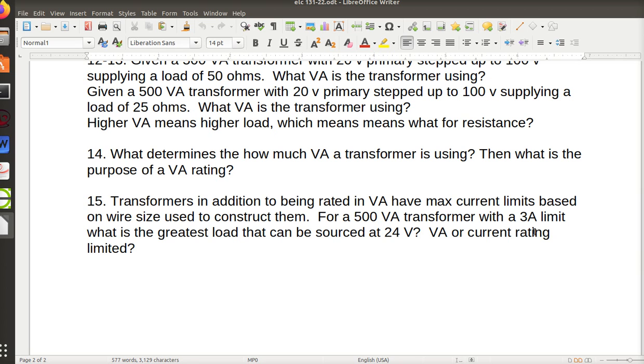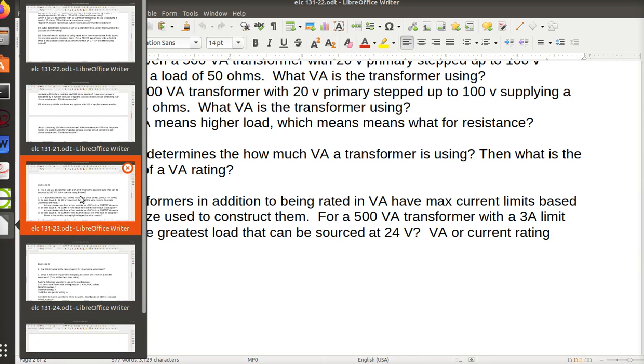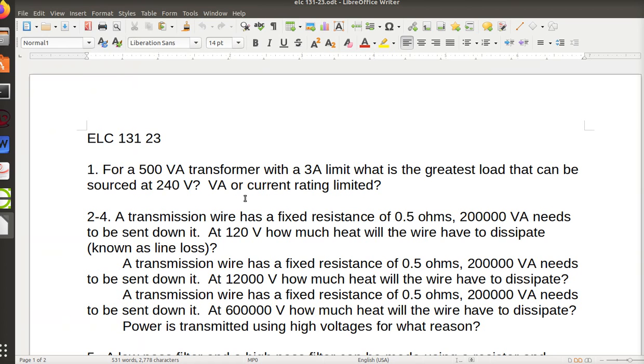Okay, 22, and I'm going to go to 23 because I think there's a similar problem on this one. There we go. Now I've got a 500 VA transformer, 3 amp limited. What's the greatest load that can be sourced at 240 volts? So 240 volts times a little over 2 would put you at 500.